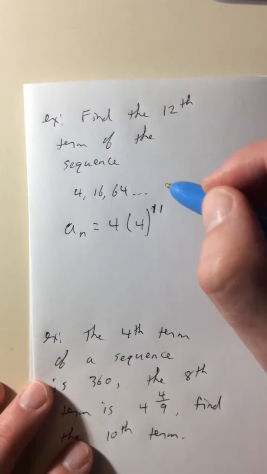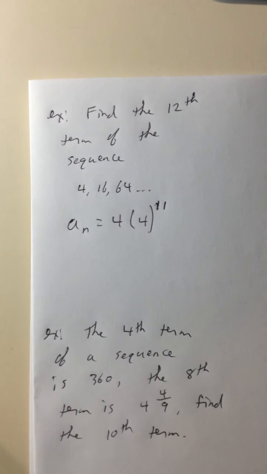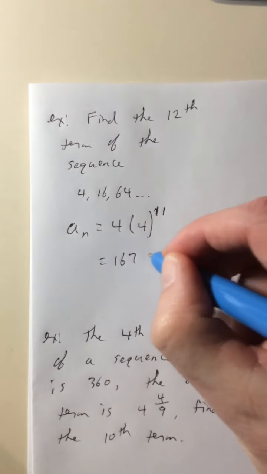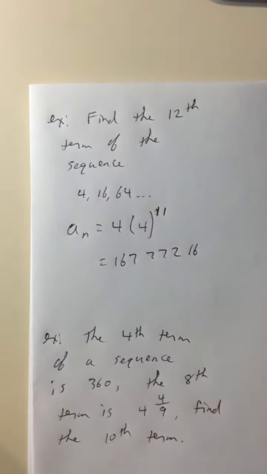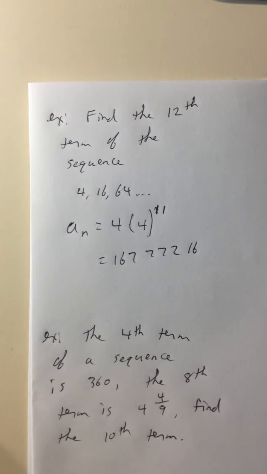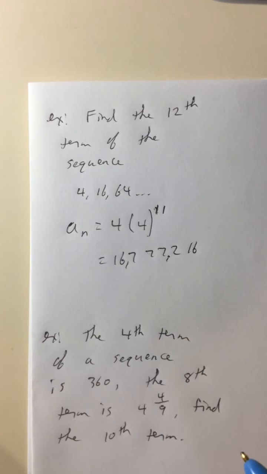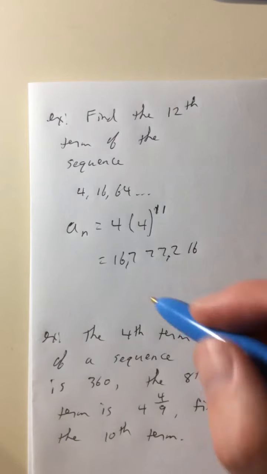This is going to be a giant number. 4 to the 11th power times 4 is really just 4 to the 12th power, which is 16,777,216.